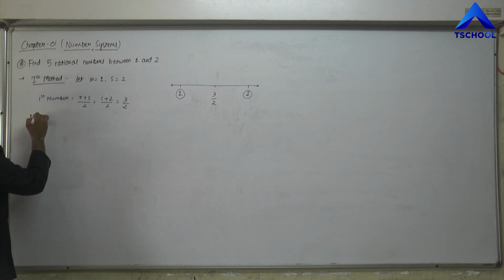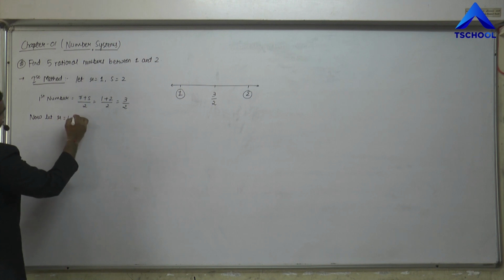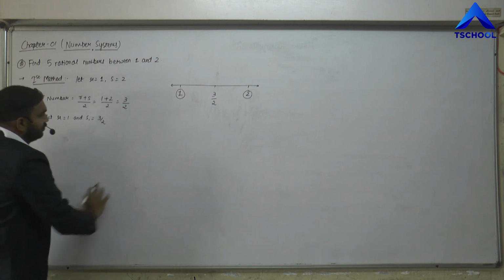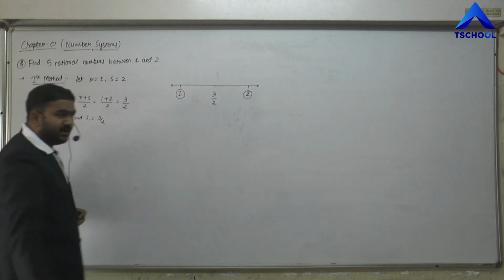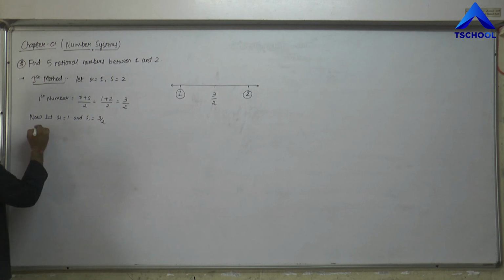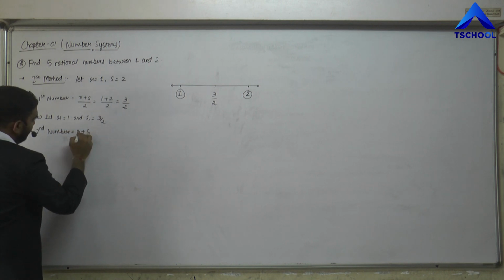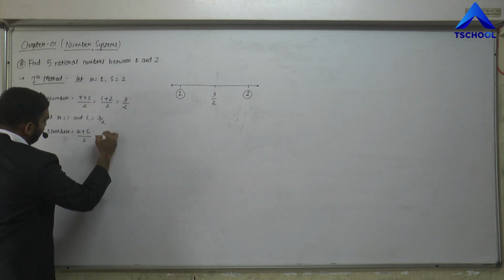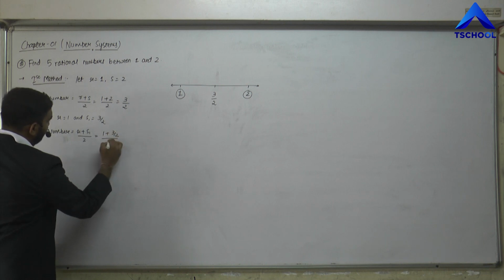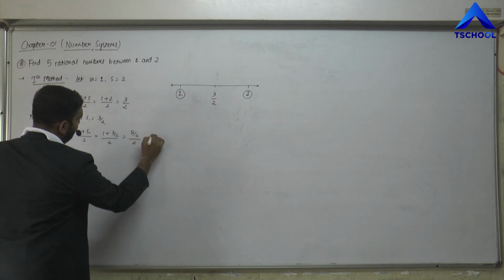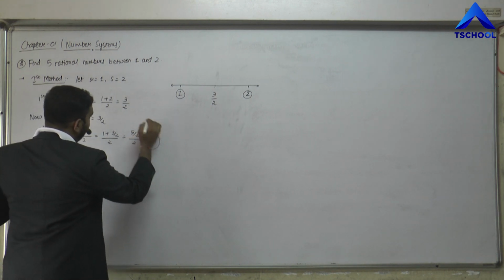Now, what we know is we need to find other numbers. Now let r equals to 1 and s1 equals to 3 by 2. We shall find a number between 1 and 3 by 2. So again, the second number is equal to r plus s1 by 2, that is 1 plus 3 by 2 by 2, that will be 5 by 2 upon 2, which is equal to 5 by 4, right?